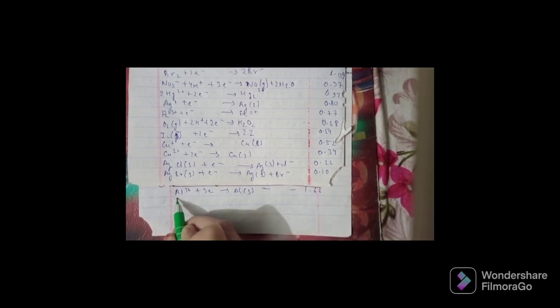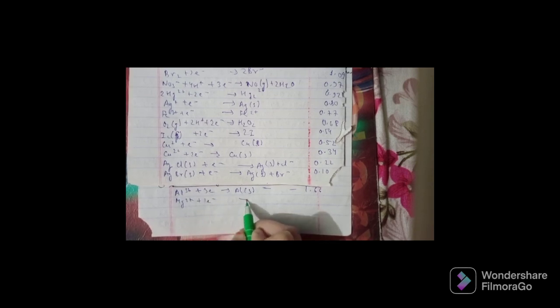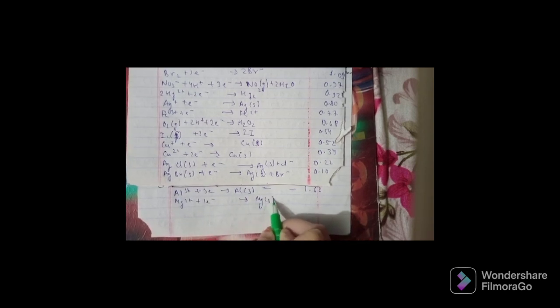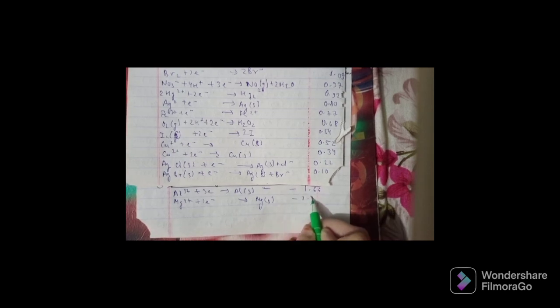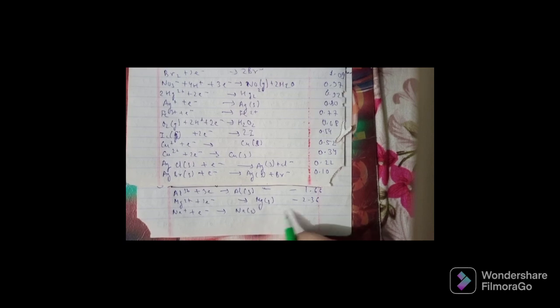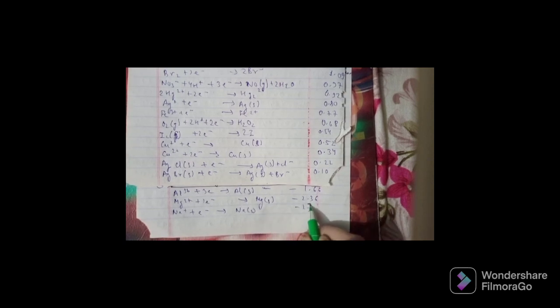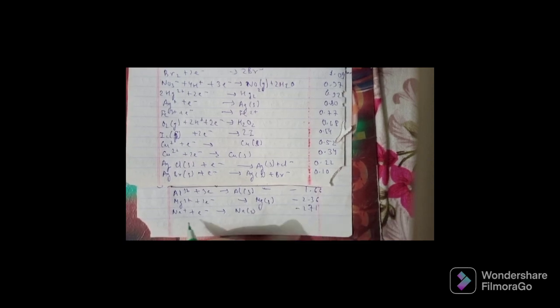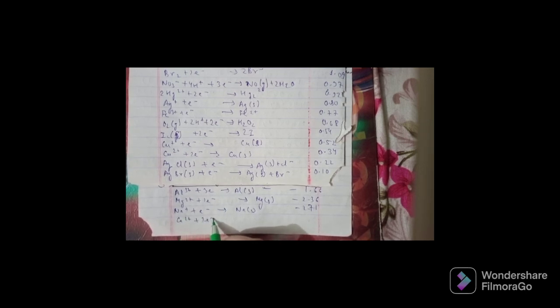Another we have here is Mg2 plus 2 electrons. It will give you Mg in solid, and that is minus 2.36. Another is Na plus electron, which will give you Na solid, at minus 2.71. Another is Ca2 plus 2 electrons.